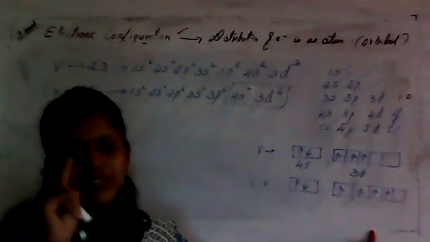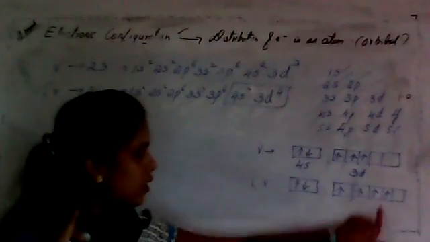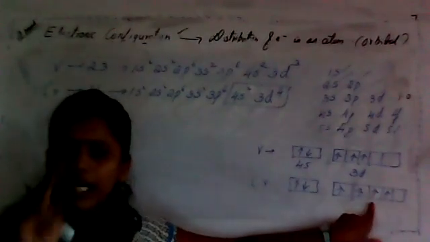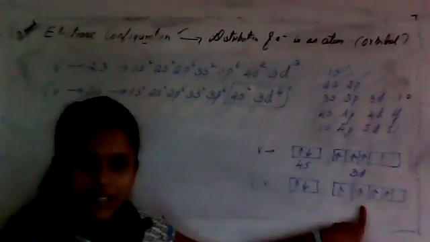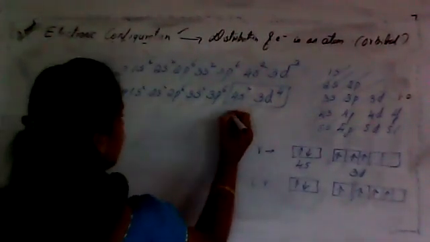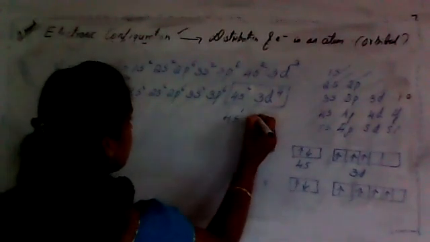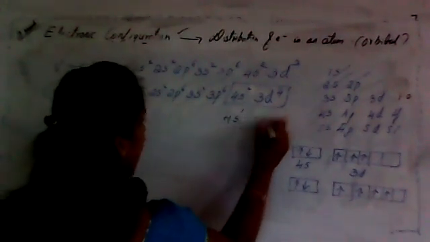To form a half-filled orbital, 3d5, it needs only one electron. So it can have a transition from 4s to 3d. That's why its electronic configuration will change to 4s1 and 3d5.